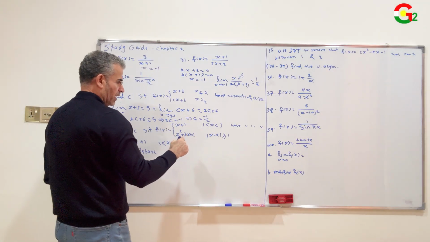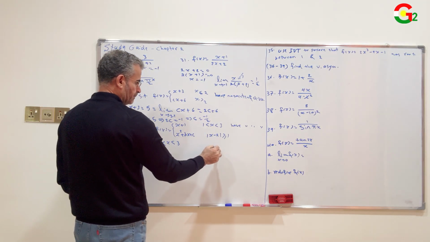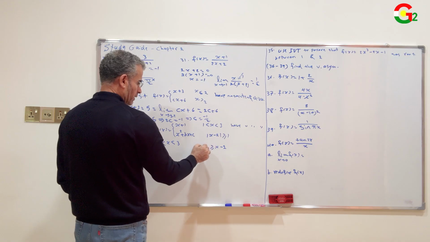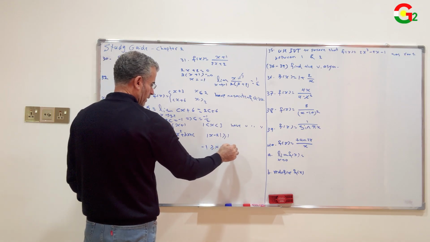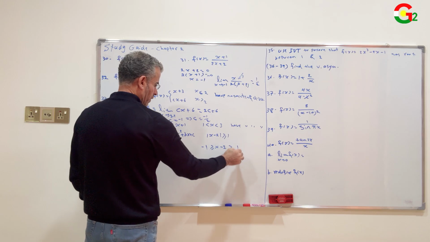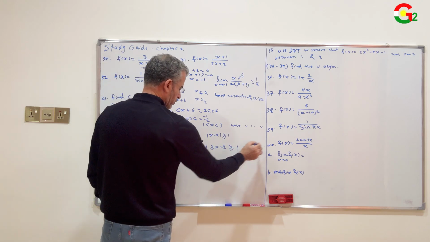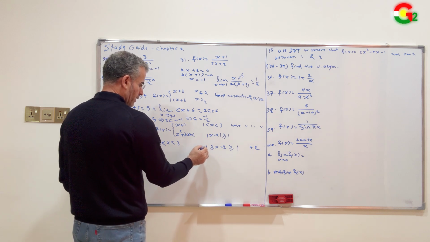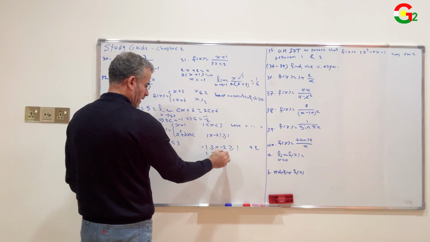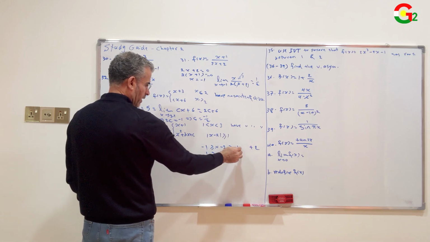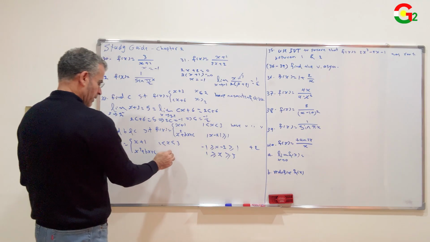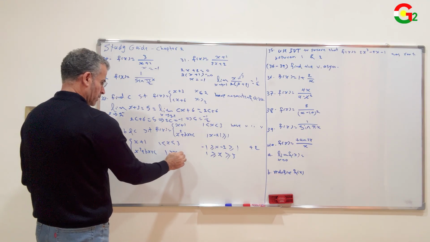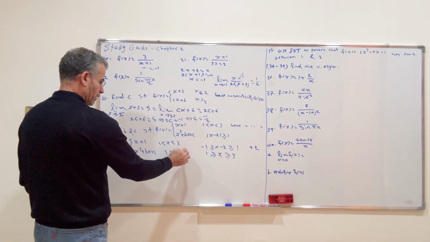Rewrite this absolute value inequality as x minus 2 less than or equal to negative 1 or greater than or equal to 1, and add 2 to all sides of this inequality. Then x is less than or equal to 1 or greater than or equal to 3.